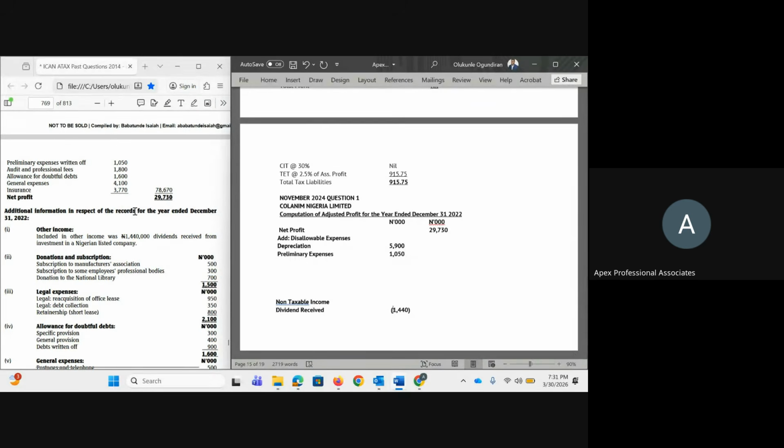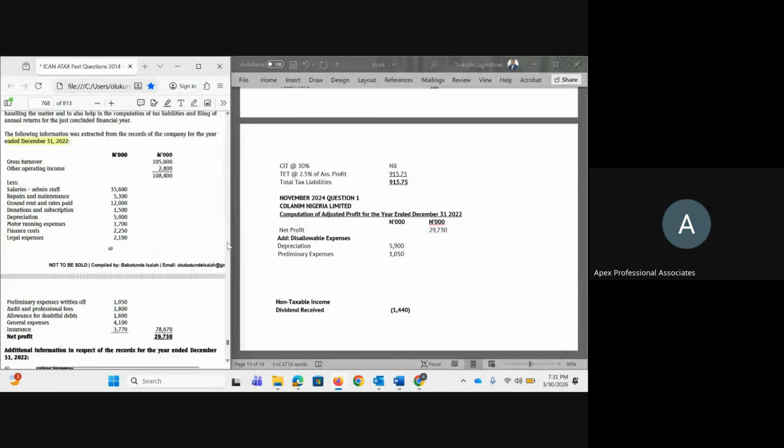It's because preliminary expenses are expenses incurred before the business starts. So they should be capitalized. Do you understand? They're more like research expenses, research and development cost and things of that nature. So they should be capitalized.